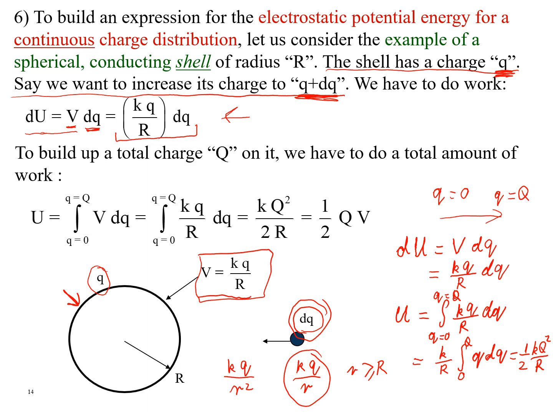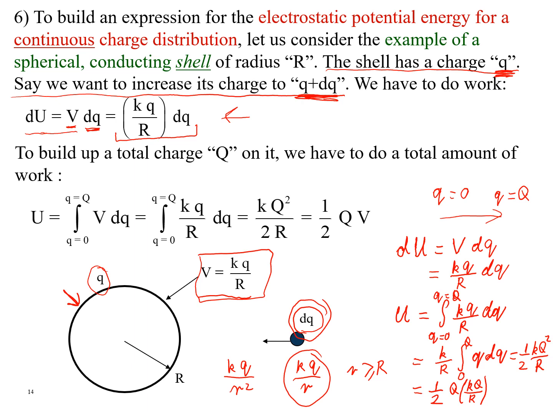Now let's go ahead and factorize this. So we can write this as half times Q, and what is left behind is just kQ over big R. But what is kQ over big R?